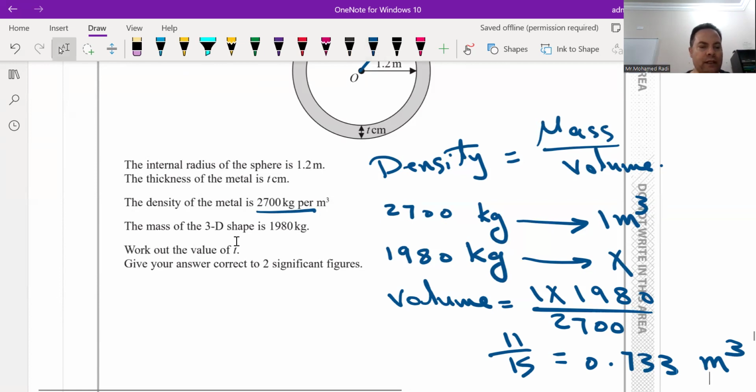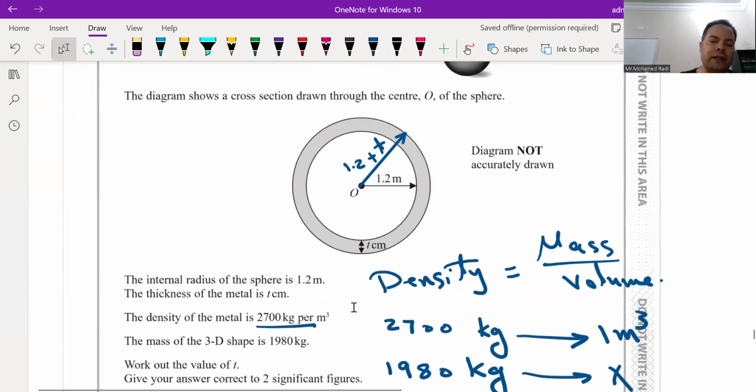The mass of the 3D shape is given; work out the volume, then the value of T correct to 2 significant figures. The volume of material for any shape is the volume of the outer minus the volume of the inner. The volume of the outer is the volume of a sphere, and the inner is also a sphere.